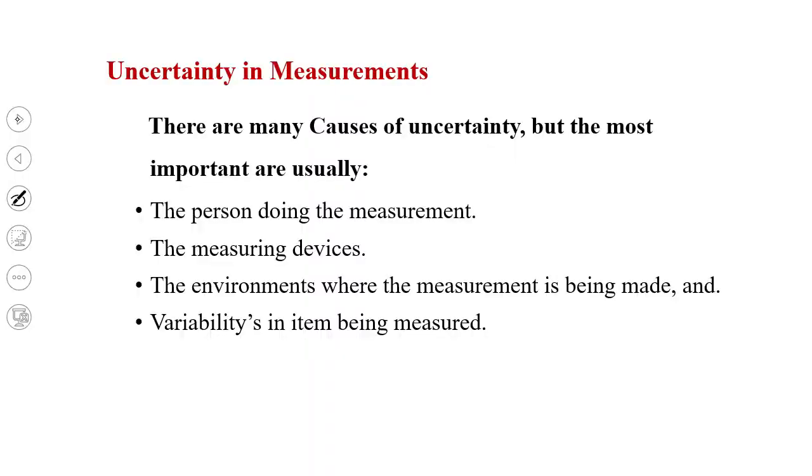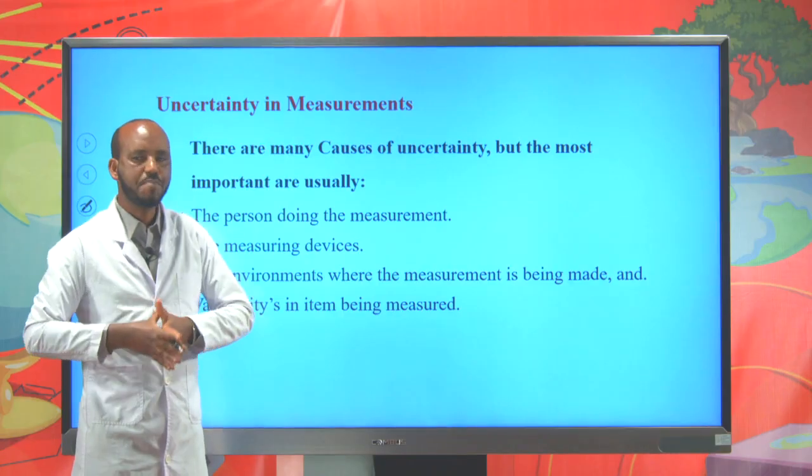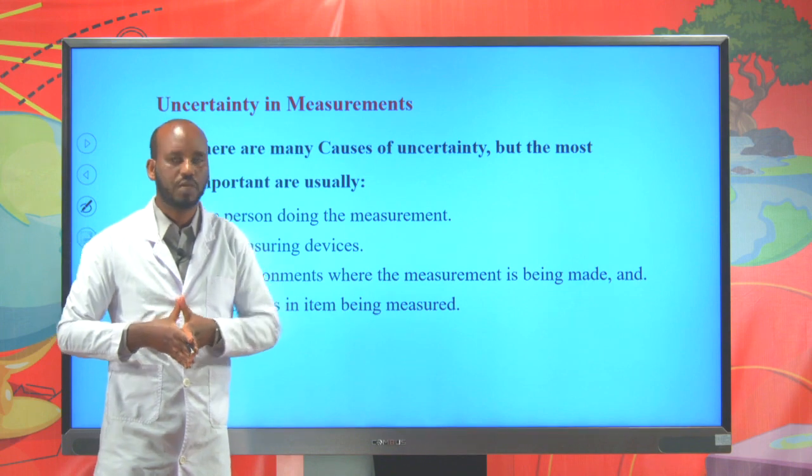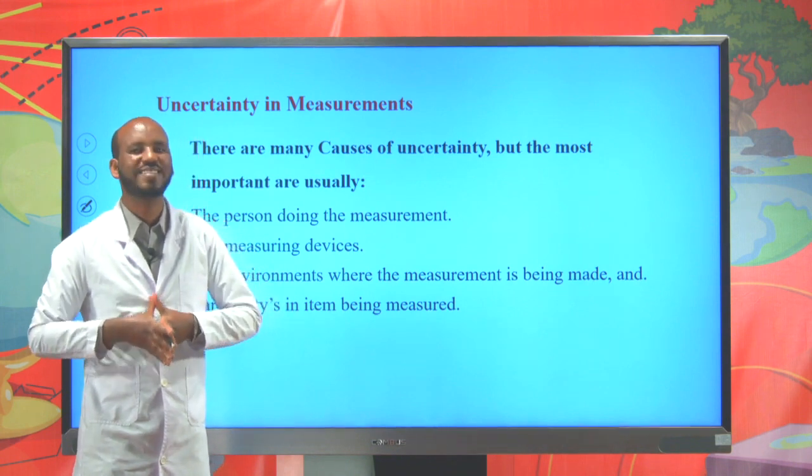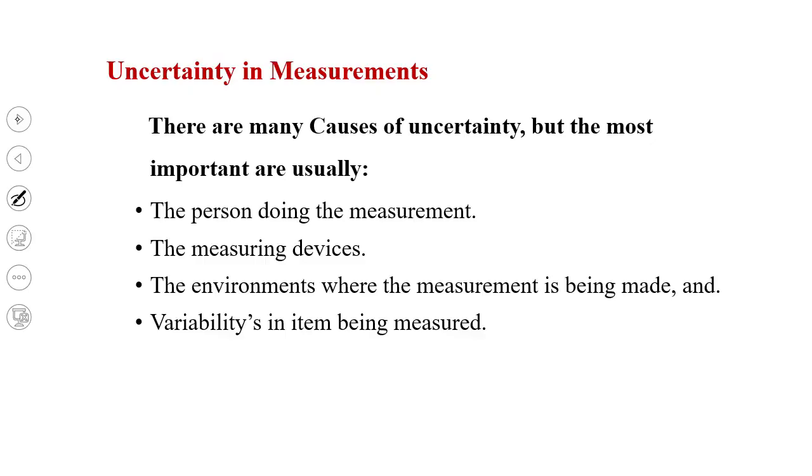These are some causes of uncertainty. Therefore, numbers obtained by measurements are always uncertain. They have some uncertainty.